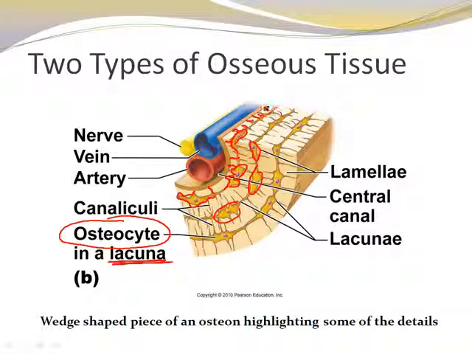Those are little tiny extensions of their cytoplasms that reach out and touch the cells in the next lamellae, the adjacent lamellae. And that winds up being really, really important for nutrient exchange, oxygen exchange, removal of wastes for these cells.